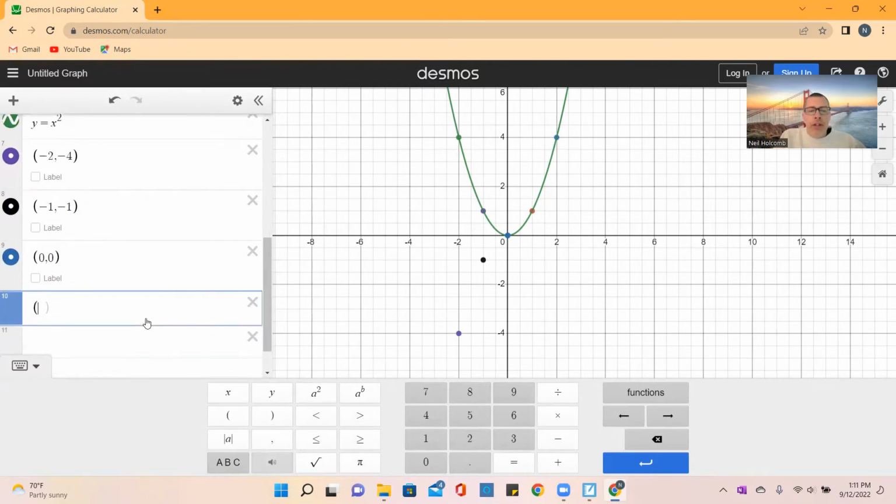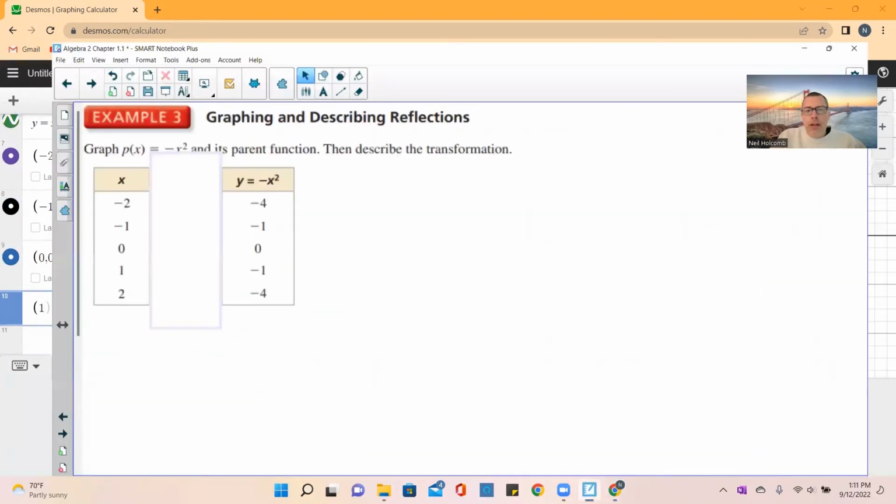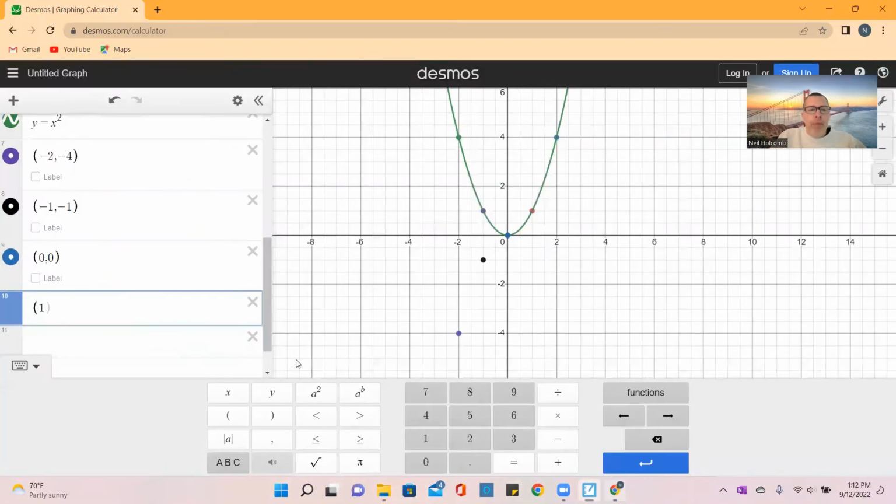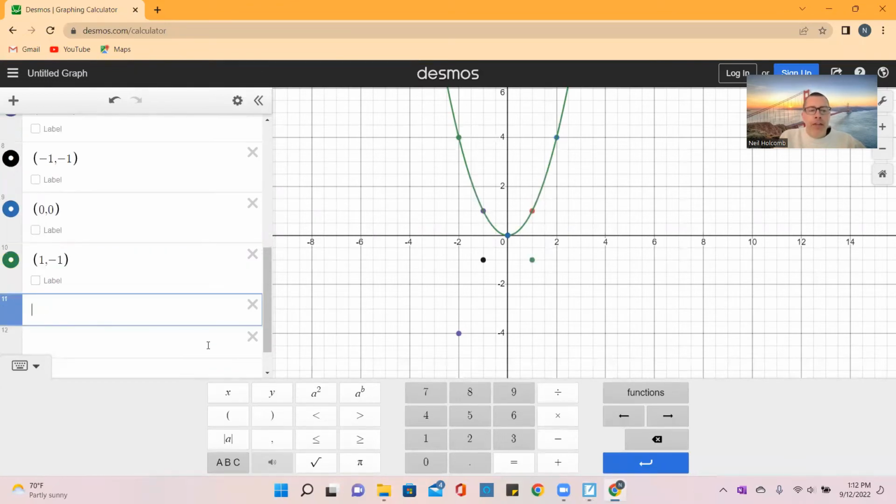And then if I substitute in a 1 now, and square it, and then multiply it by -1, I get -1. So it's going to be 1, comma, -1. And then finally, if I substitute in a 2, I square it, I get 4, multiply it by -1, and I get -4. Okay, so there it is.